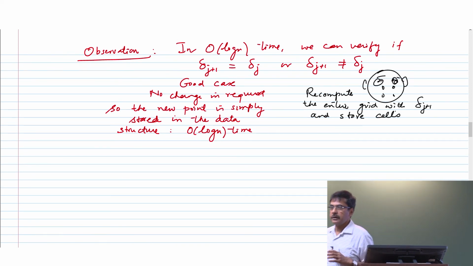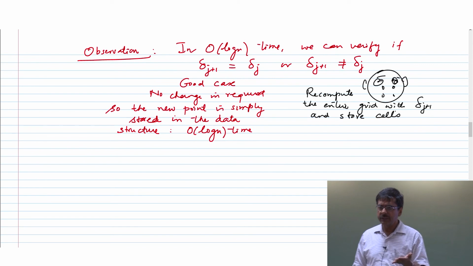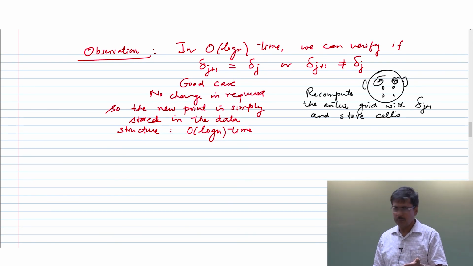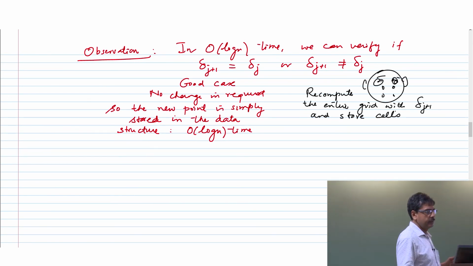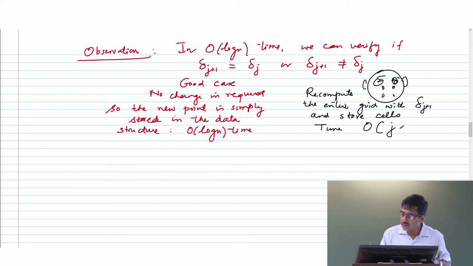How much time will this take? Well, we are not doing it for all the endpoints. We are only doing it for the j plus 1 points that we have till now. So the time is order j log j actually, but I will say that is less than order j log n.